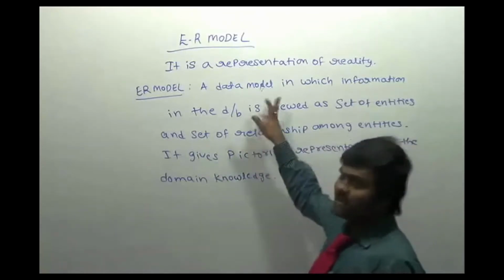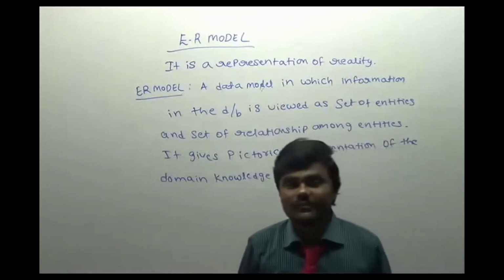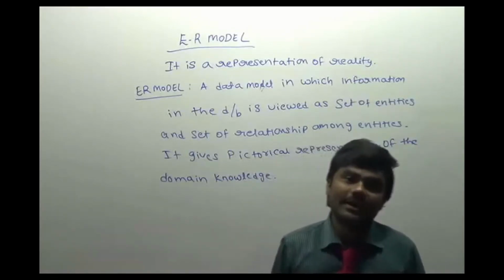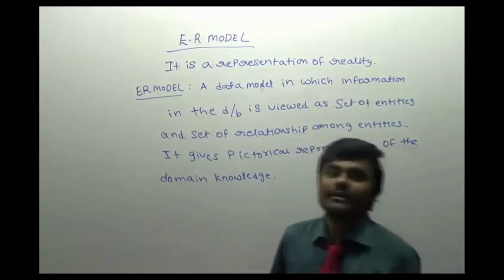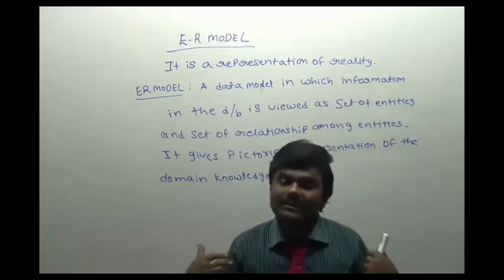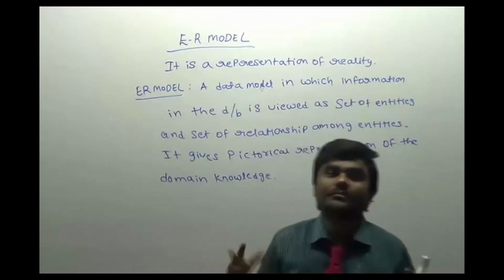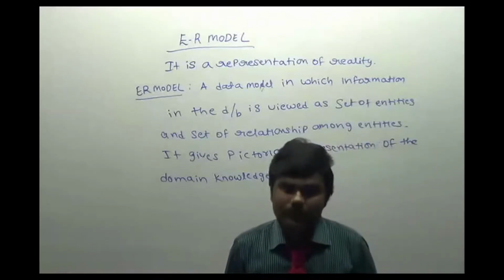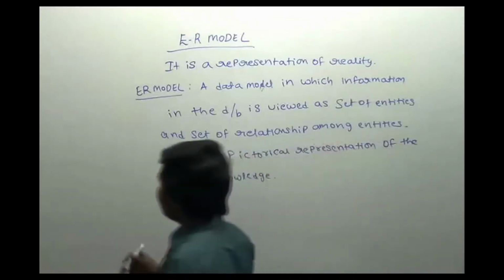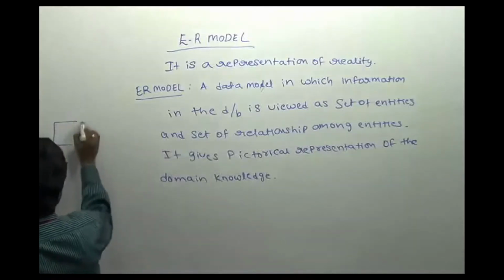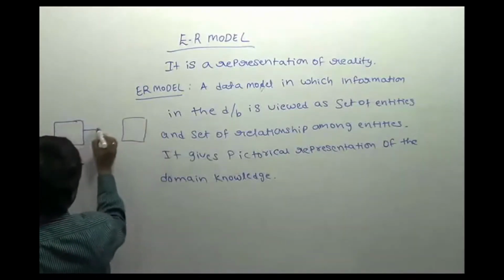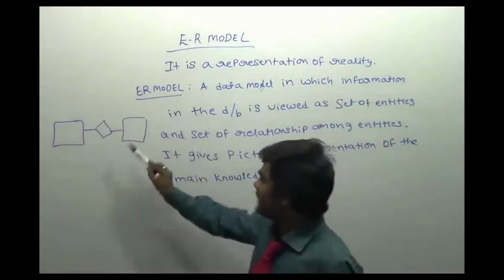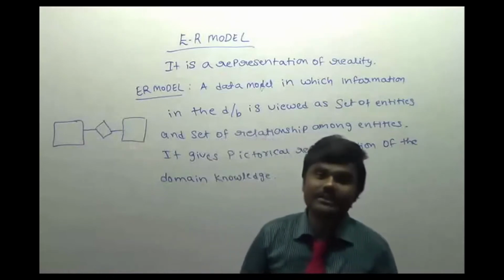So it is a data model in which information in the DB is viewed as a set of entities and a set of relationships among entities. That is called the ER model. Whatever domain knowledge I have, it gives a pictorial representation of it.